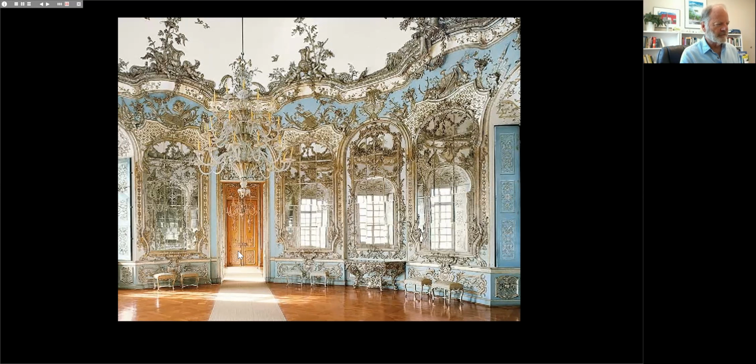And this was the work of Francois Cuvilliés. Now, he was a French artist in the employ of German patrons. And this really pushes Rococo to an even greater extreme of lightness, of elegance, of ornamental profusion.